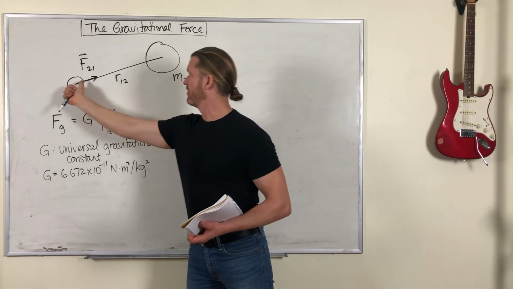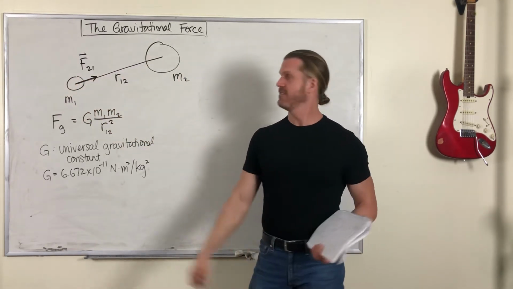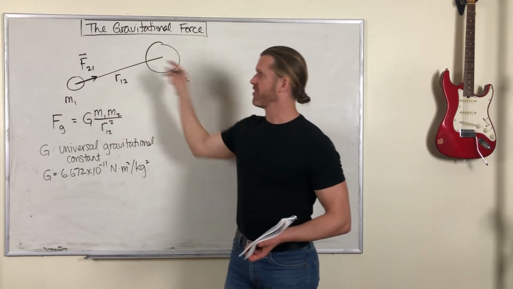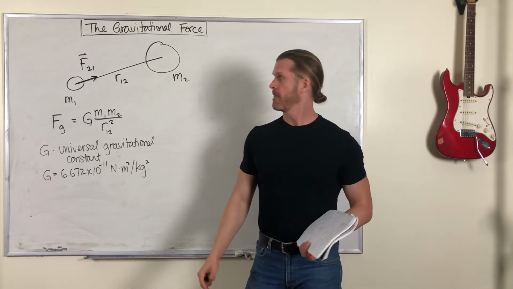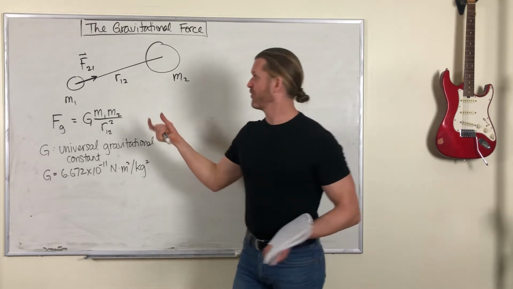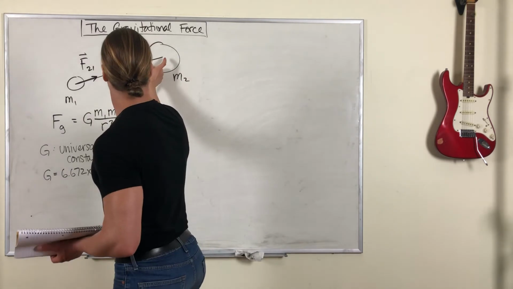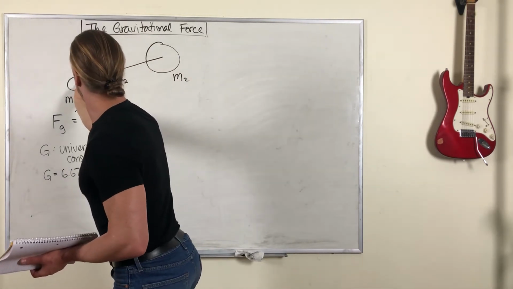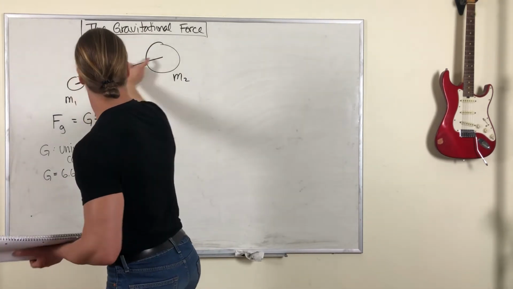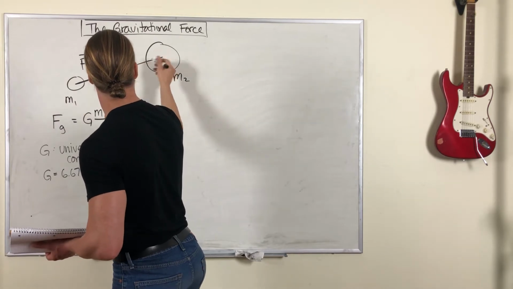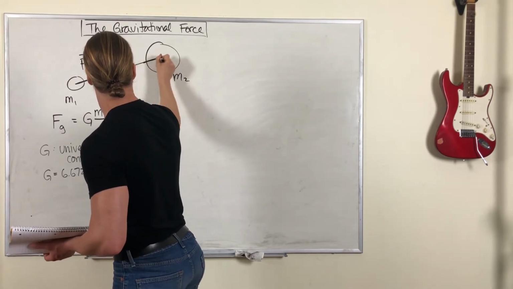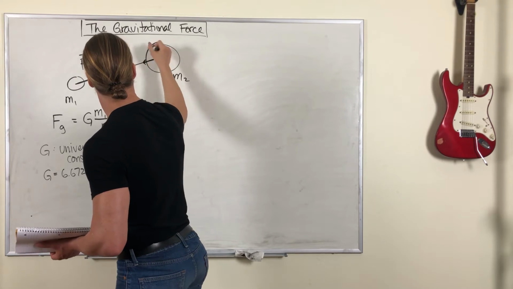It's getting pulled directly toward object 2. That force is directed along the line connecting those two objects. And by Newton's third law, that means object 2 must experience the same magnitude of force in the opposite direction.